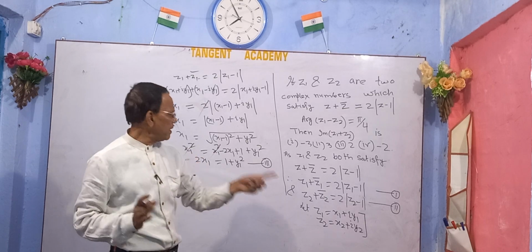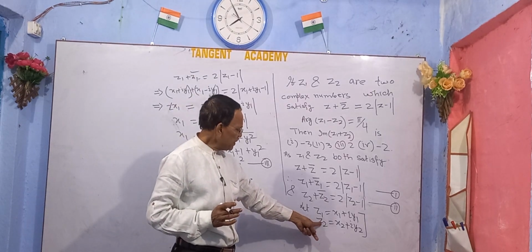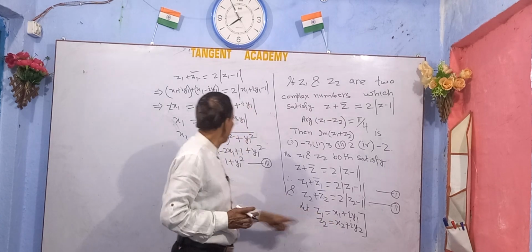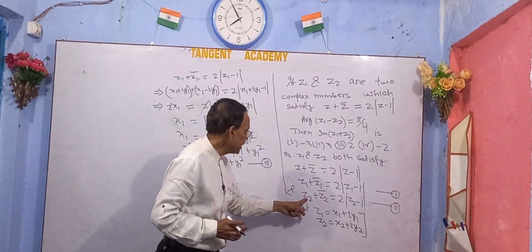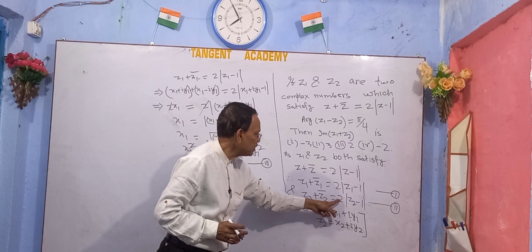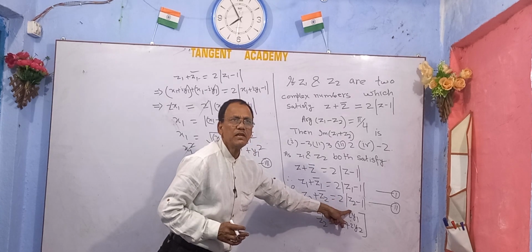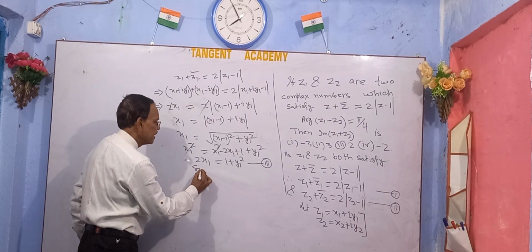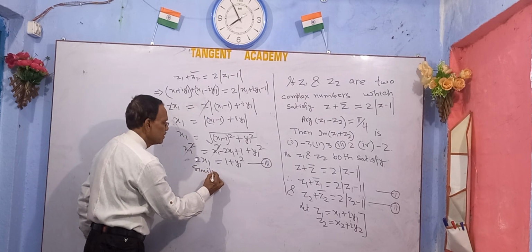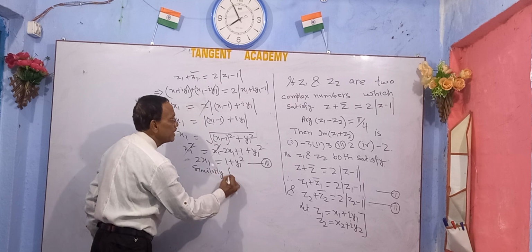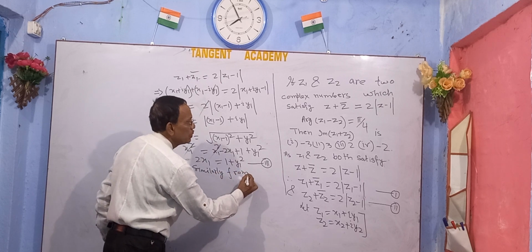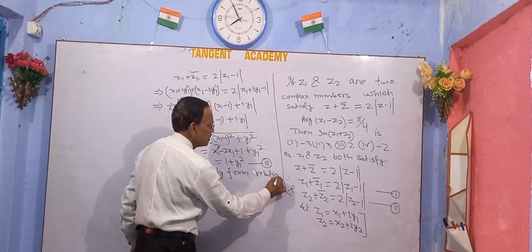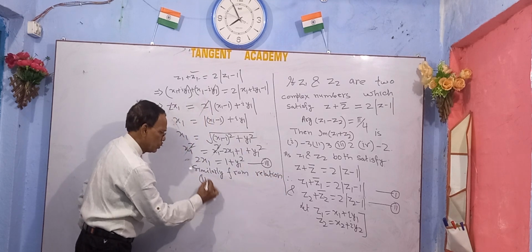In a similar pattern, if we do the same thing for z2 equal to x2 plus i y2, from this relation z2 plus z2 bar is equal to 2 times z2 minus 1.